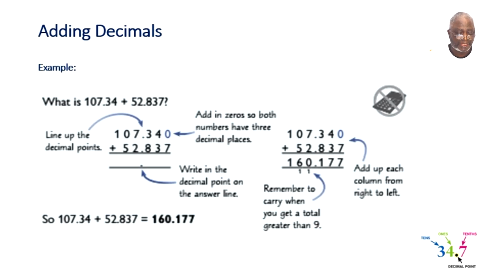And on your answer line, make sure you put your decimal point before you start your calculation. Then you move on now and you do your additions. When you have more than 9, you carry it to the left, and so on. So 107.34 plus 52.837 is equal to 160.177.